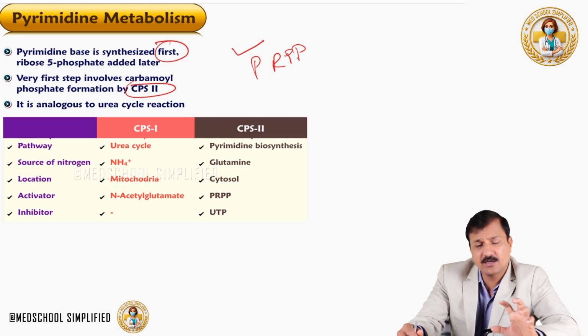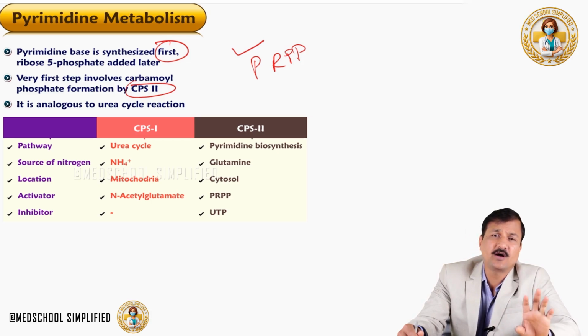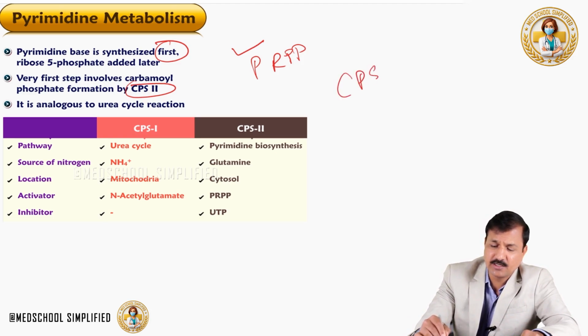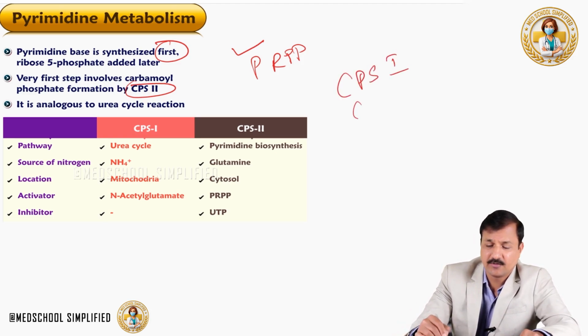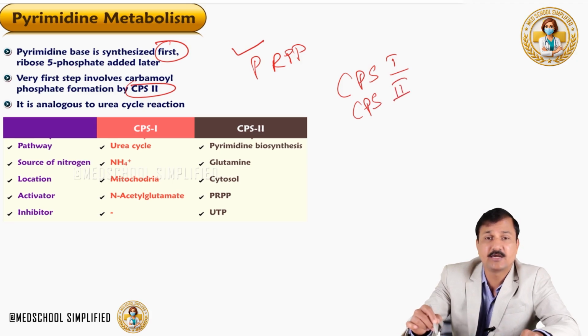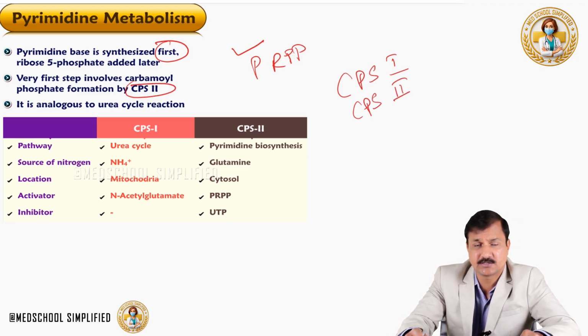There is a similar enzyme called carbamoyl phosphate synthetase 1, which is in the mitochondria and participates in the urea cycle. So CPS-I is in the urea cycle, whereas CPS-II is in pyrimidine biosynthesis. Both are the most regulated enzymes for each of these metabolic pathways.